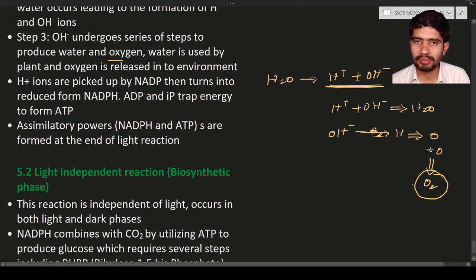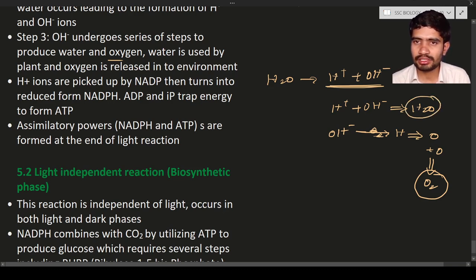So it is going to be eliminated out of the leaf through the stomata. So remember, hydrogen is going to bind with another OH to form water. This water is useful for the biological process in the leaf.